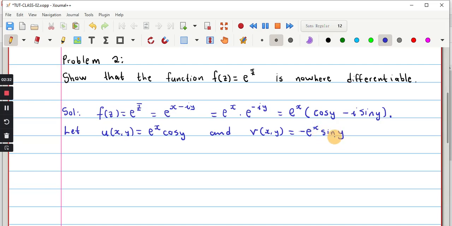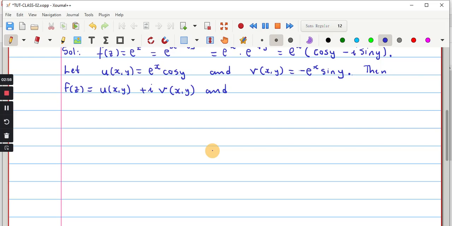So v is negative e to exponent x sin y. From here, we see that our f at z is in the form u at xy plus i v at xy.